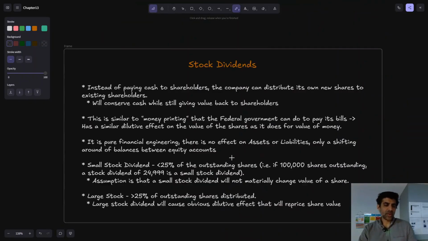Companies can also choose, instead of paying cash to their shareholders, to issue new shares of stock. This is similar to stock-based compensation, where your employees work for your company and, instead of being paid cash compensation, you give them shares in your company. This is beneficial.